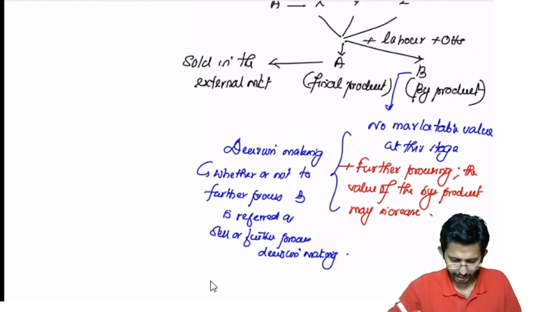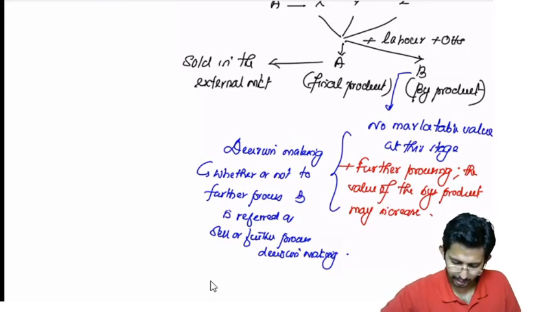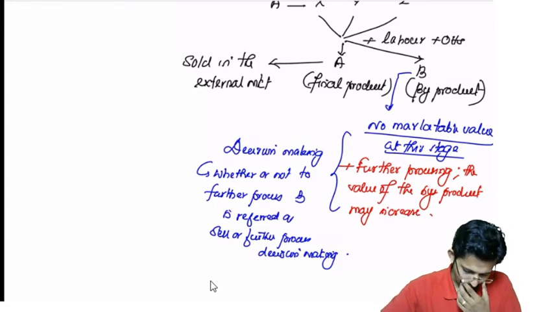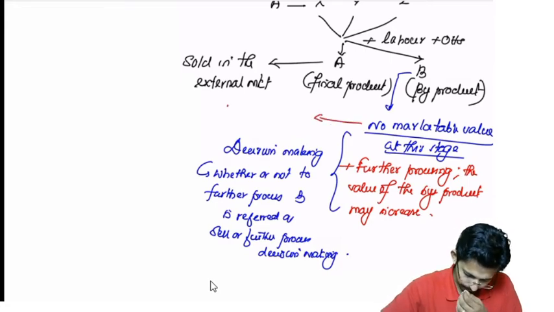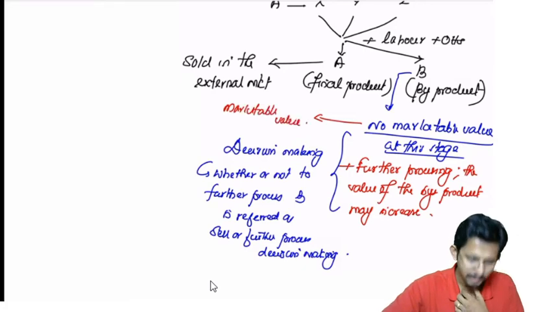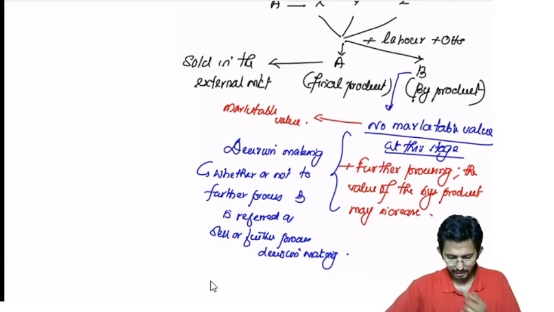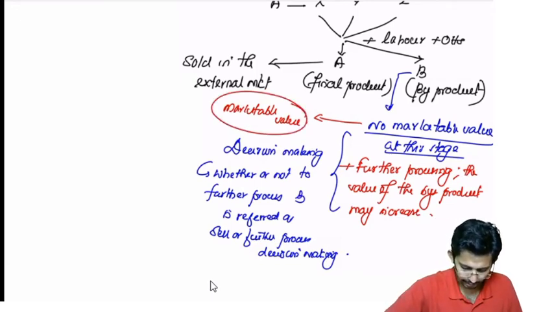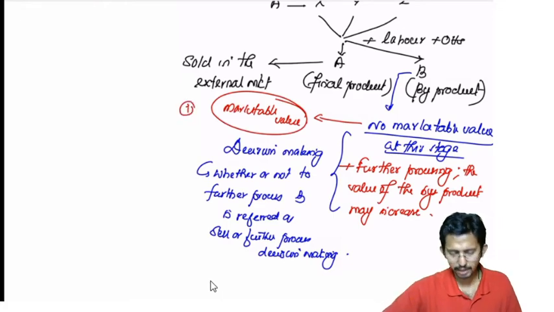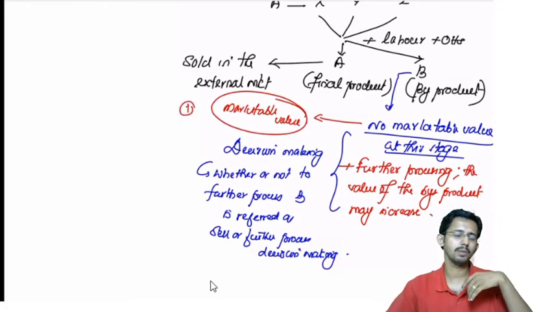Now here what I told you was product B has no marketable value. Sometimes what may happen is that at this stage itself it may have marketable value. In that case, you will have to compare the marketable value here and the marketable value after further value addition.